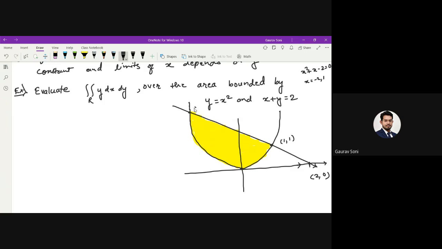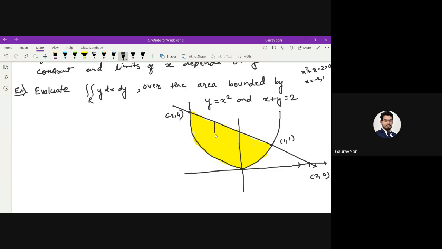So if x is equal to minus 2, then y has to be equal to 4. This point is minus 2 comma 4.